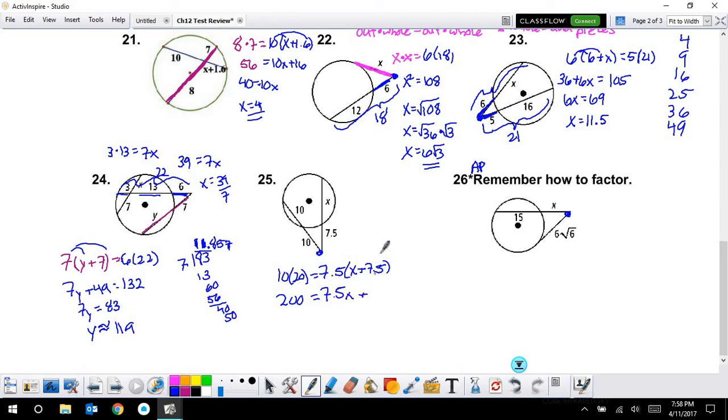7.5x plus 7.5 squared. So when you square 7.5, you end up getting 56.25.